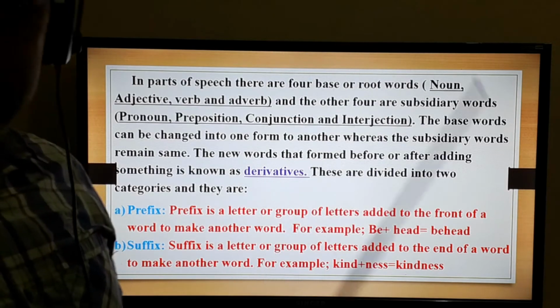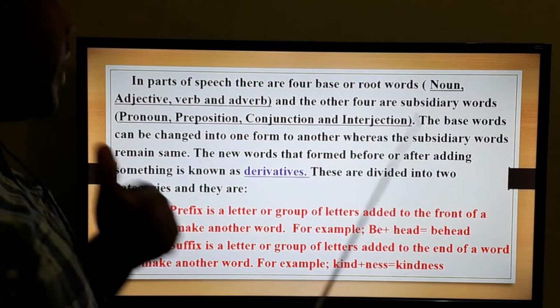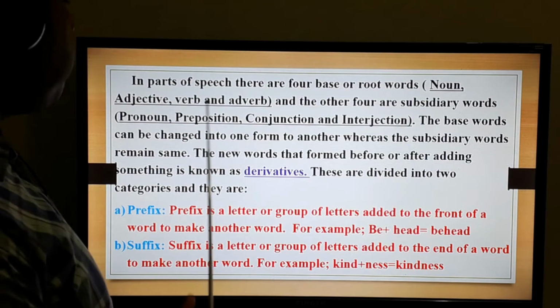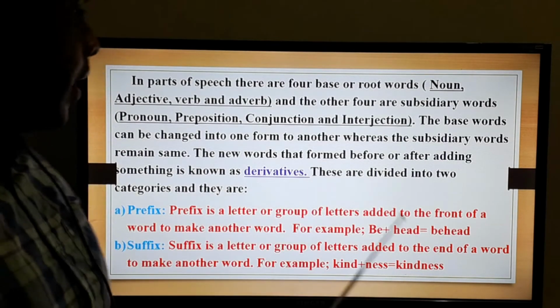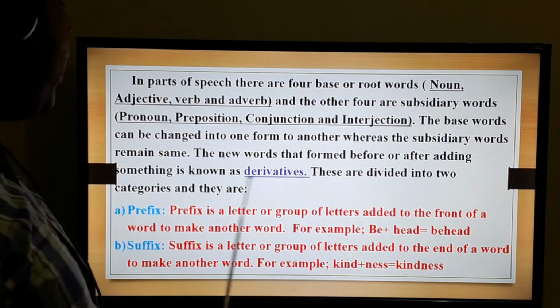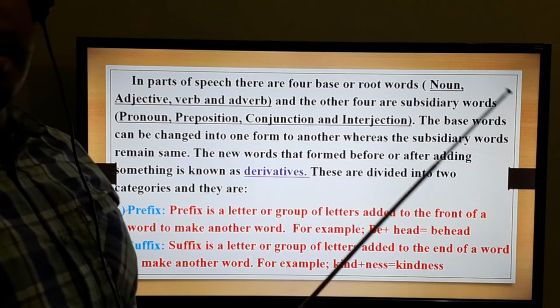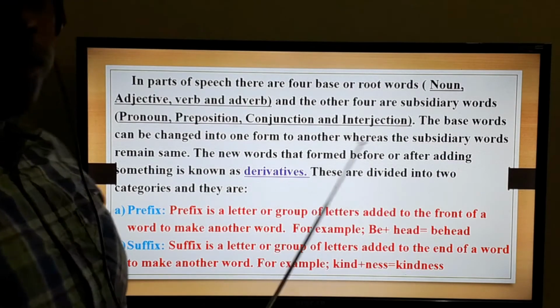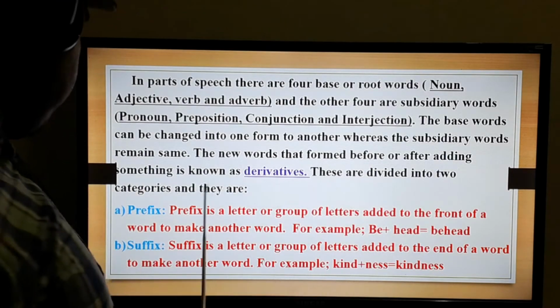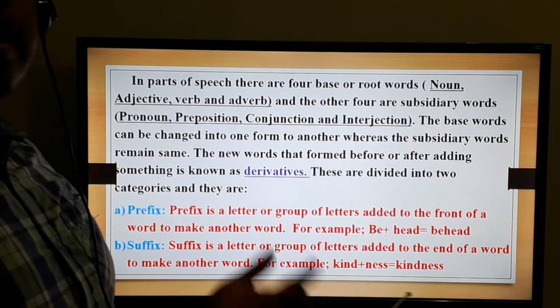But you can change noun, adjective, verb and adverb. You can convert them from one form to another. These are known as derivatives, or we can say new words. And these are divided into 2 categories. They are, first of all, prefix, and then suffix.